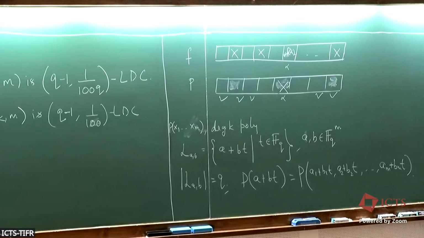But another way of looking at this is to look at the univariate polynomial Q of capital T, defined as P of a plus b times capital T. Capital T is a formal variable.